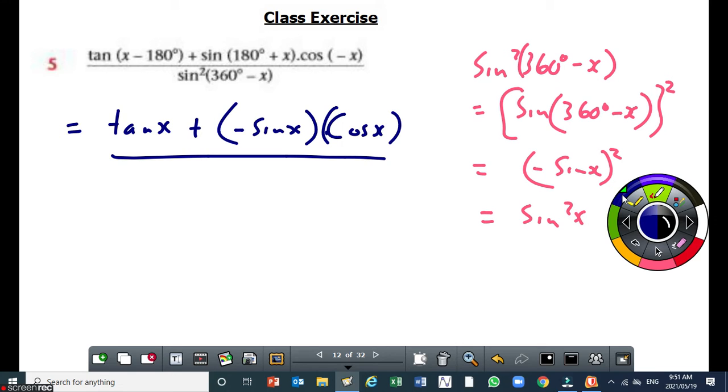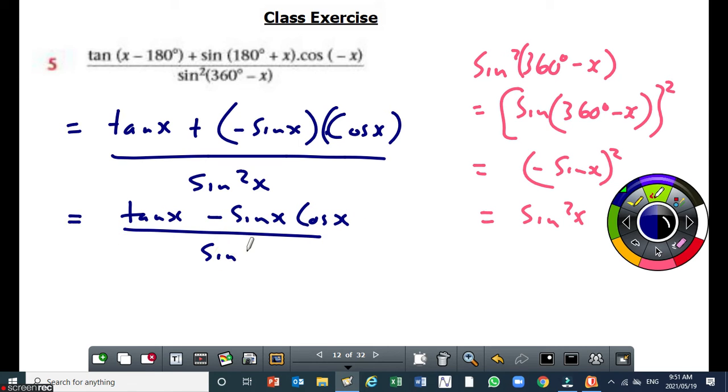Because sine(360 − x) is minus sine x, if it's squared, it gives you a positive sine squared x. And this will be equal to tan x minus sine x times cos x, all over sine squared x.